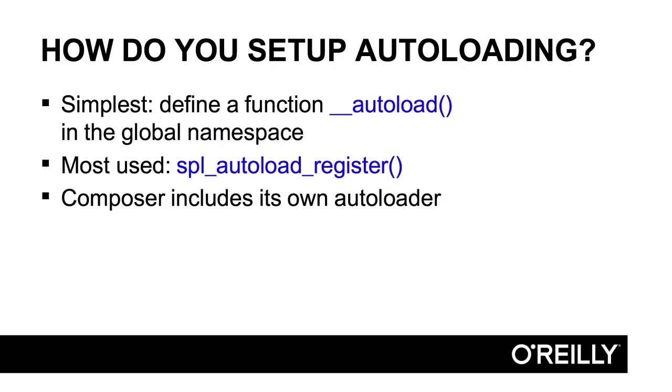The additional advantage of using spl_autoload_register is that you can register more than one autoloader. The first autoloader will be used before the second one, and you can continue to have a chain of autoloaders, the last one being the default fallback. It's also worth noting that if you are using Composer, Composer includes its own autoloader.